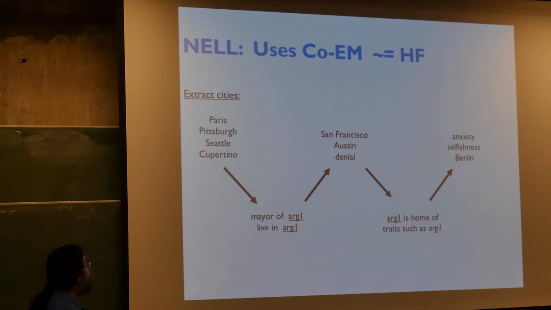And there's an edge which connects an entity if it appears in that context. So you might see mayor of Pittsburgh, mayor of Seattle, mayor of Cupertino. You might see live in Seattle, live in Paris. So all these things are connected. Then there are other things that are also connected to these same patterns.